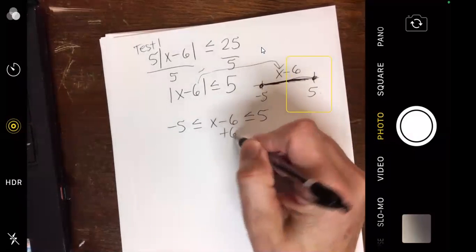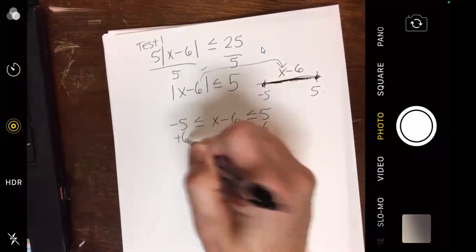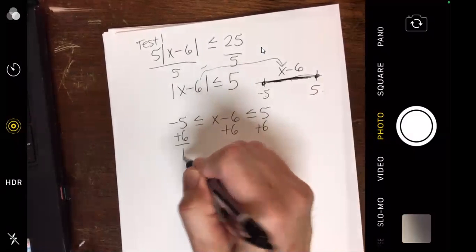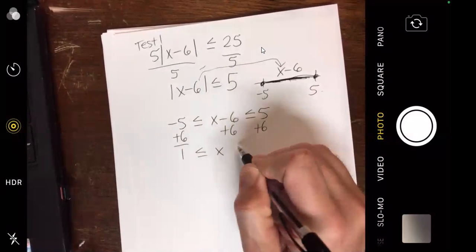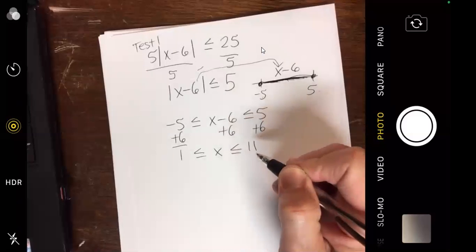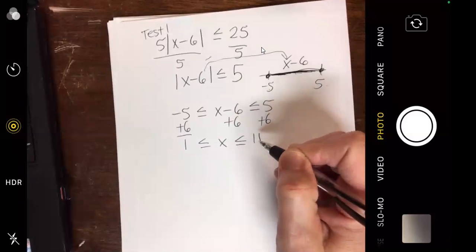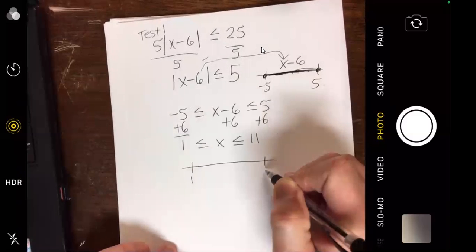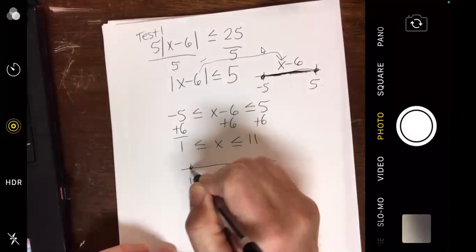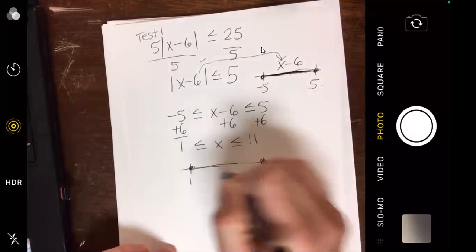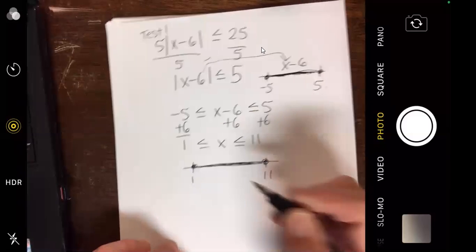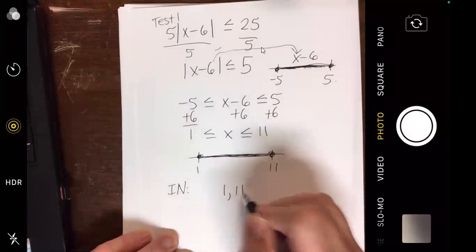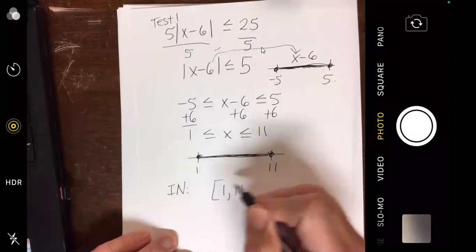And when I add 6, I can add 6 everywhere, making 1 less than or equal to x less than or equal to 11. When I set that up on the number line, I'll have 1 and 11, and again, closed circles because of the or equal to's, and I'll be between them. And so the interval notation will go from 1 comma 11, and we'll have brackets.